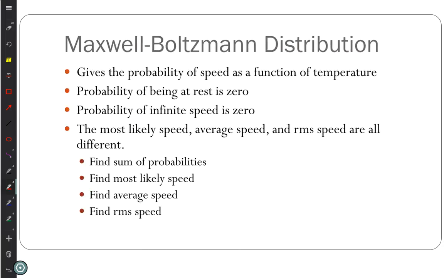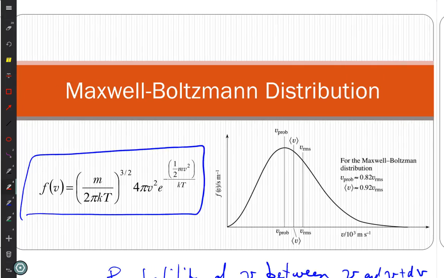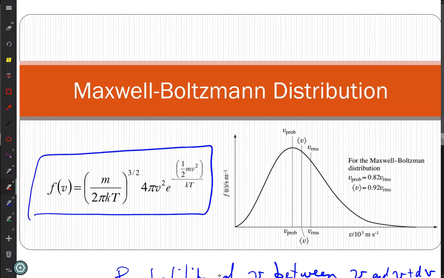Now, we're going to do a few things here. Things to note about that Maxwell-Boltzmann distribution are limits. Being at rest is 0. Look at the equation. If V is equal to 0, then you're going to have times 4 pi times 0 squared e to the minus 1/2 m 0 squared over kT.